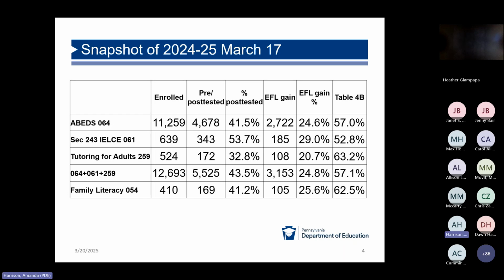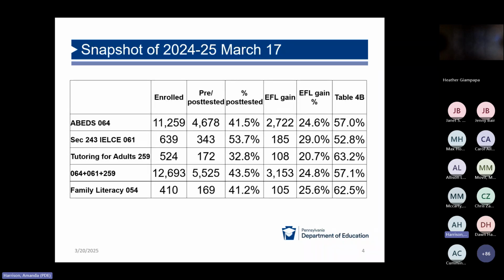Now, I do want to point out that on this table, I have family literacy as the bottom line. The way I pulled the data from the Access template to calculate these numbers, family literacy was separate from the spreadsheet that I had for the other 3 grants. So the family literacy is a unique line there.